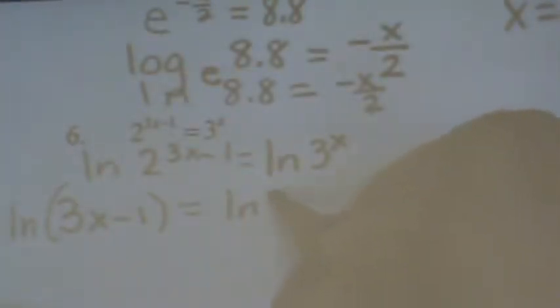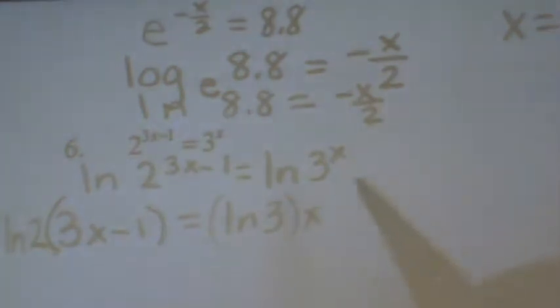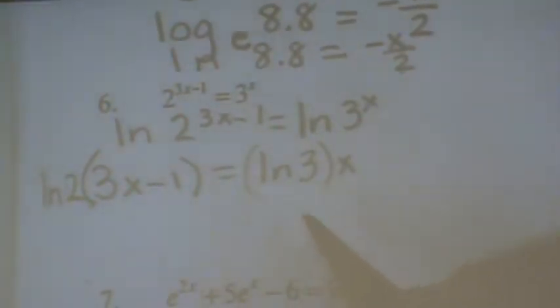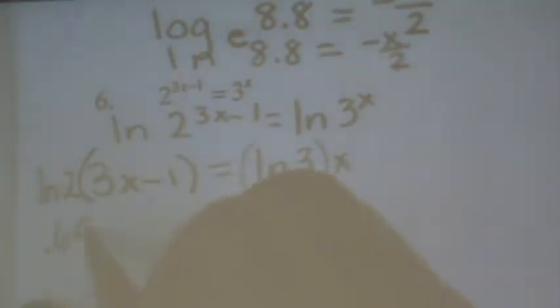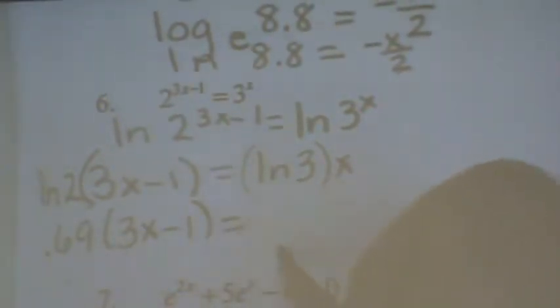You know what I'm talking about? You can do it that way. I forgot the 2. John, I forgot the 2. ln 2. So now at this point, I'm not crazy about these kinds of problems because they're decimals. You're going to get your decimals, and I got ln 2 as 0.69, and if you want to round, I'm not going to squabble about that.